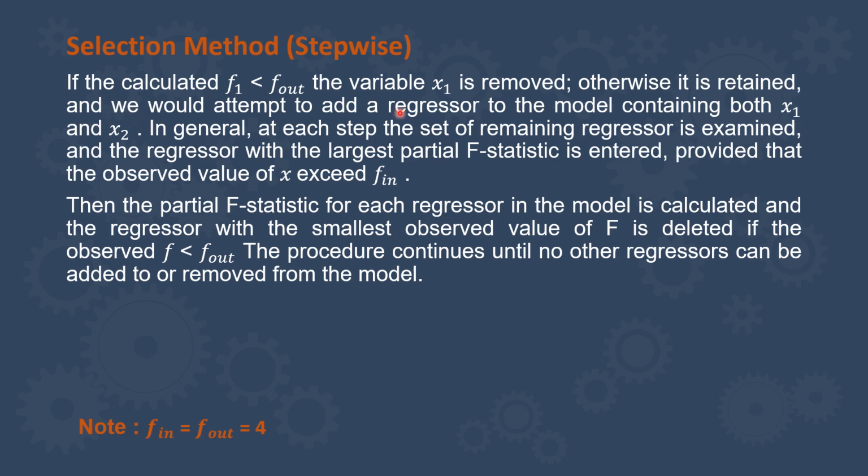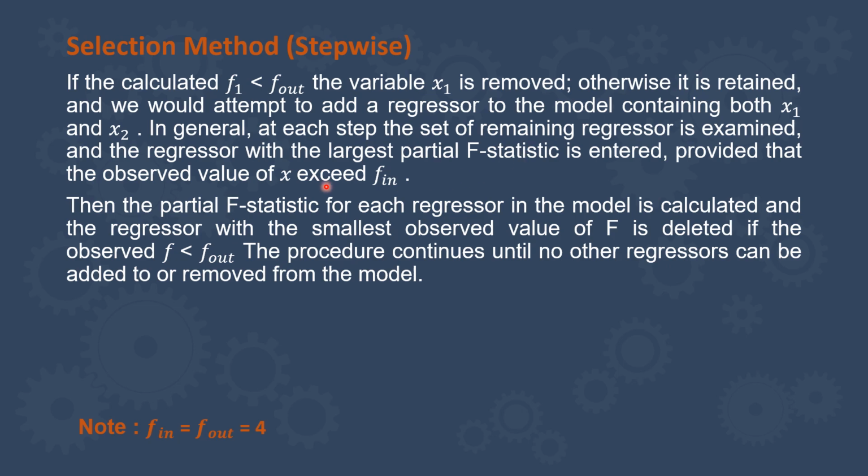If it is retained, we would attempt to add a regressor to the model containing both x1 and x2. In general, at each step, the set of remaining regressors is examined and the regressor with the largest partial F statistic will be entered, provided that its value exceeds F in.